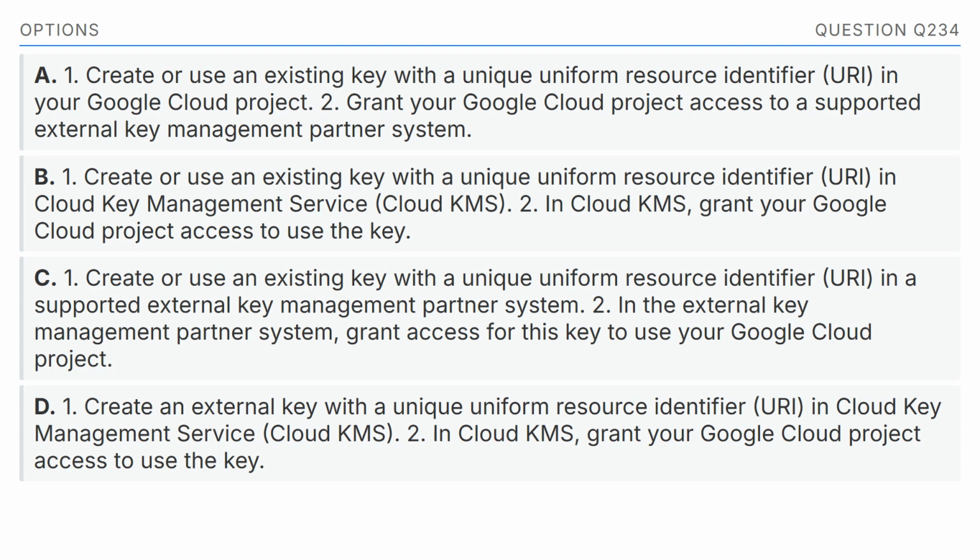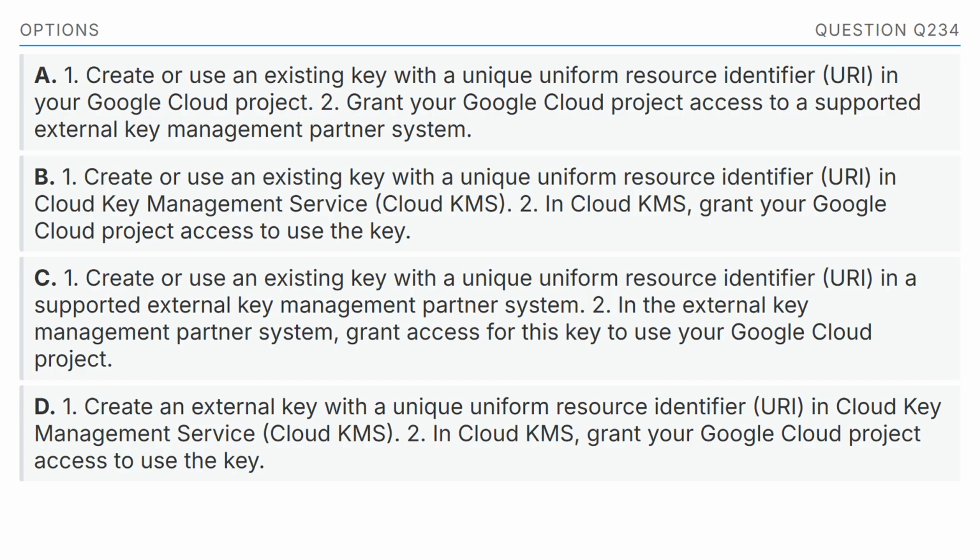Option B, 1. Create or use an existing key with a unique Uniform Resource Identifier (URI) in Cloud Key Management Service, Cloud KMS. 2. In Cloud KMS, grant your Google Cloud project access to use the key. Option C, 1. Create or use an existing key with a unique URI in a supported external key management partner system. 2.